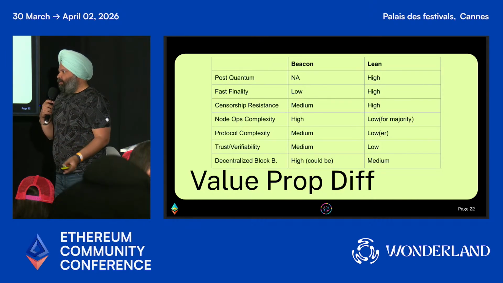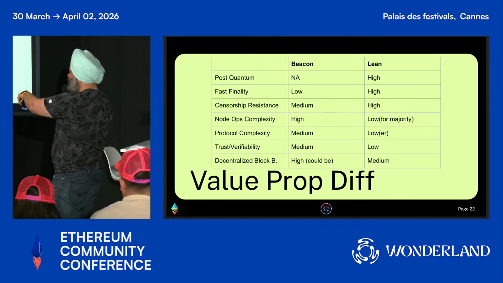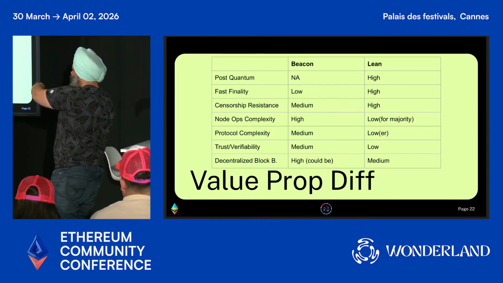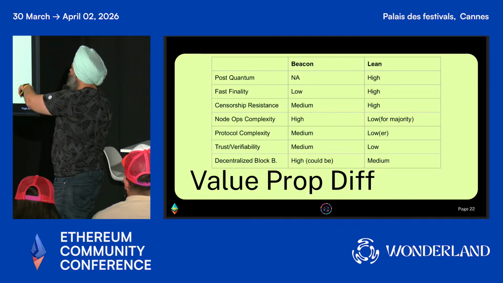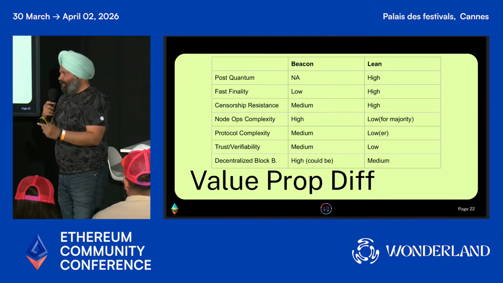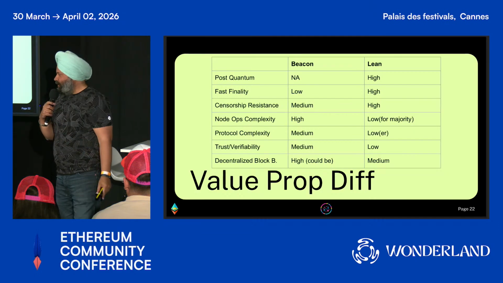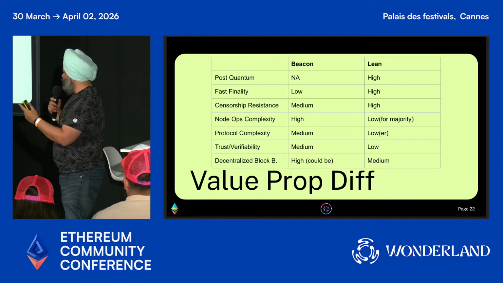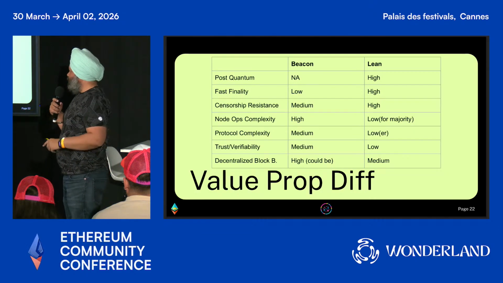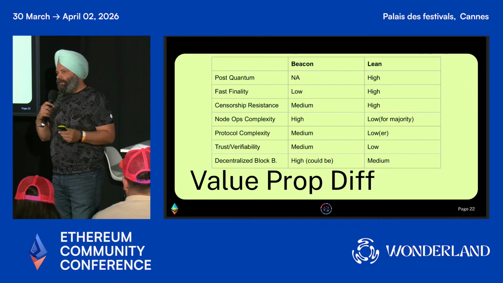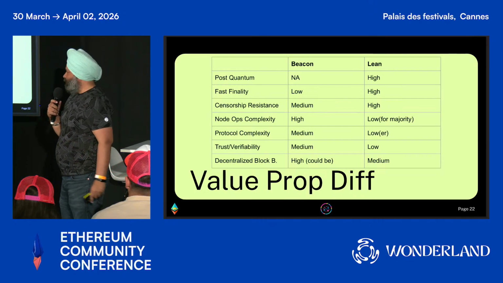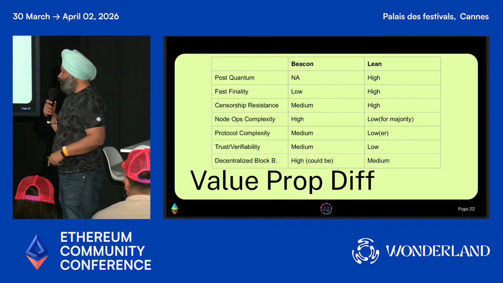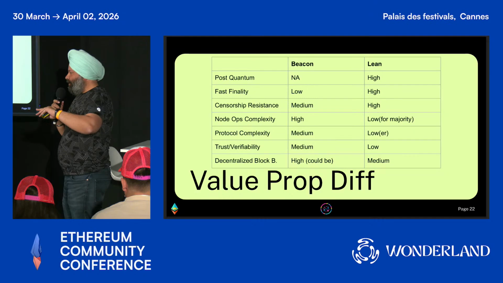We want to make the protocol simpler. This is trust and verifiable complexity, which we want low, not just trust/verifiability. Trust/verifiable complexity is low. That means that the trust and verifiability should be high. And we also want decentralized block building. Even today, theoretically, it is high, but we only have very few builders. And that is a property that we are saying we can compromise a bit on.